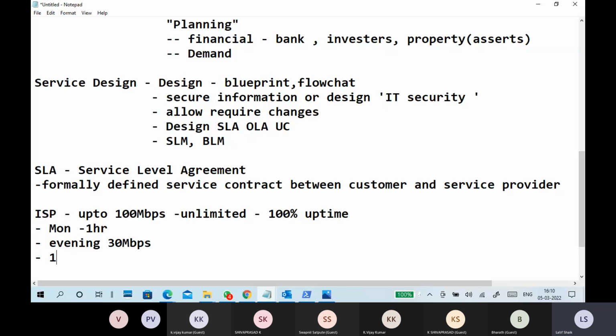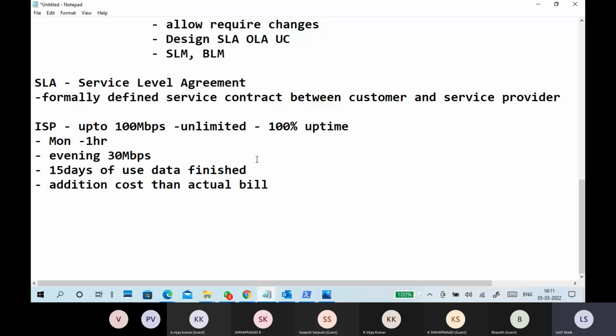After 15 days of use, it's showing data finished, but I took unlimited. Additional bill, additional cost, then the actual bill. Guys, do you understand this scenario?